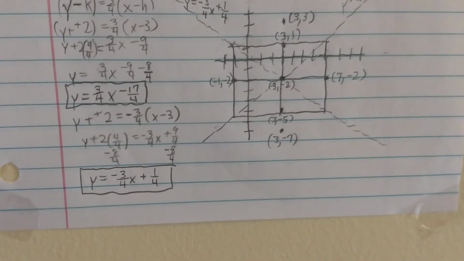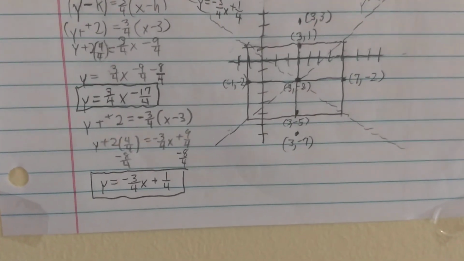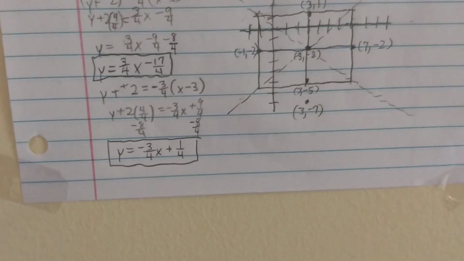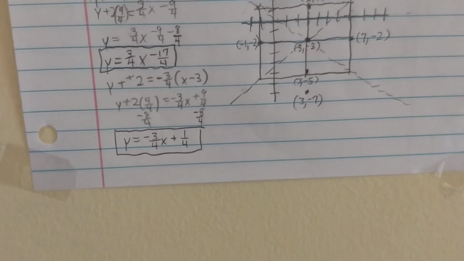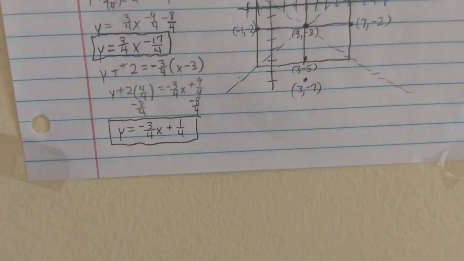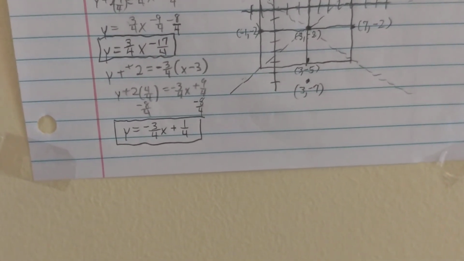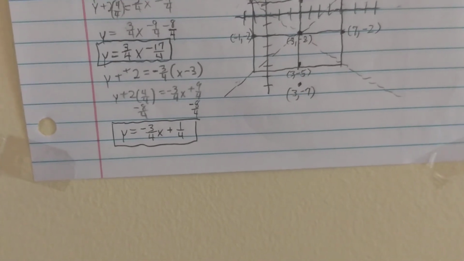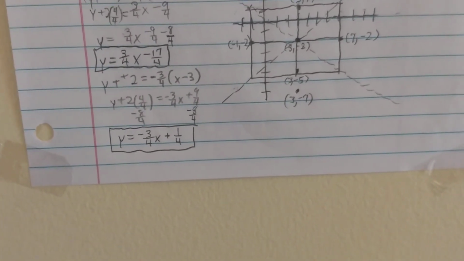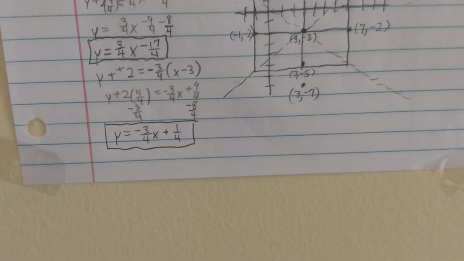The upward going asymptote line goes through the corners and the center. Now for the minus, the downward going asymptote line, we have again y minus negative 2, which is plus 2, equals negative 3/4 times x minus 3. And we'll do the same thing with the 2 on the left side, make it 8 over 4.